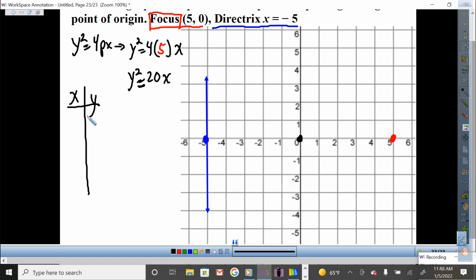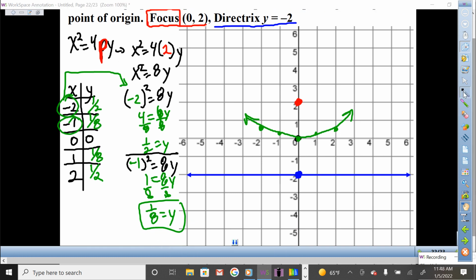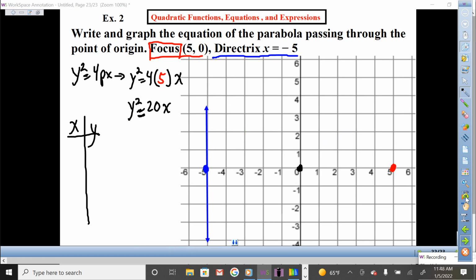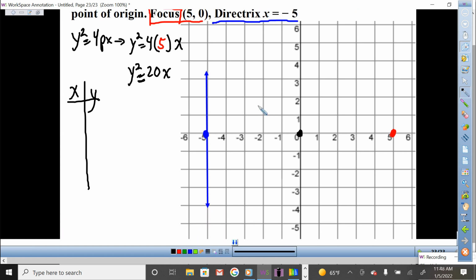Look up really quick. Just to finish up, look at the previous example. We had x squared, and we needed x values to substitute in there. But look at this one now. What do we have now? Y squared. So what values do I need?